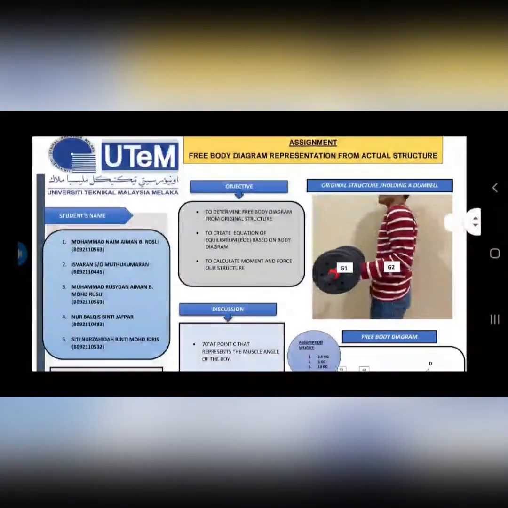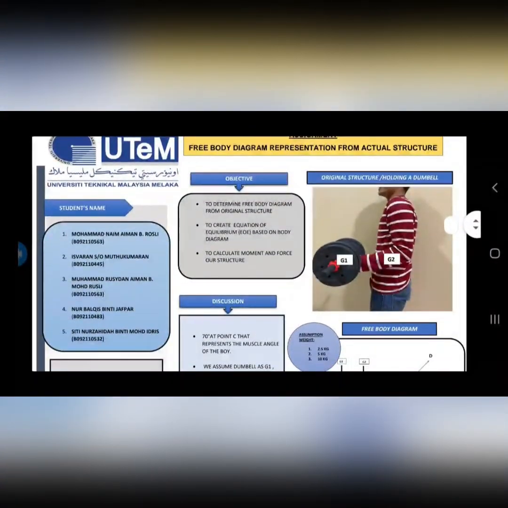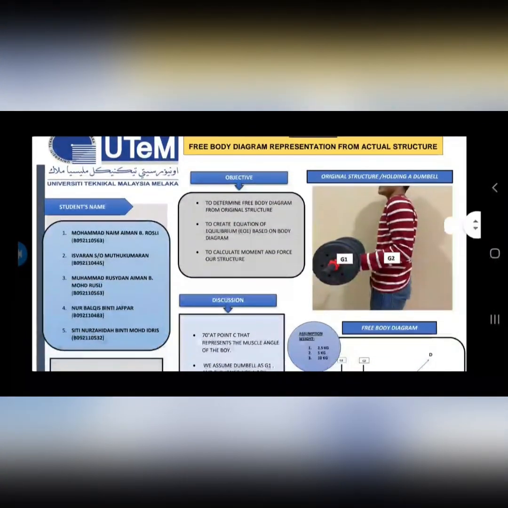For the objective, first is to determine the free body diagram from the original structure. Second, to create equations of equilibrium based on the free body diagram. Third, to calculate moment and force for our structure.